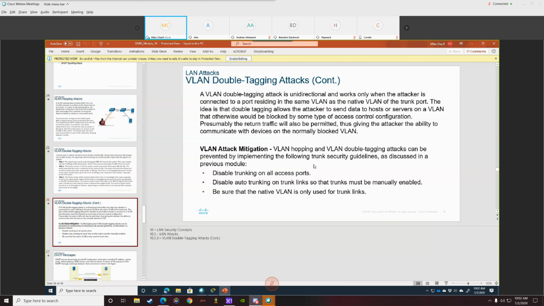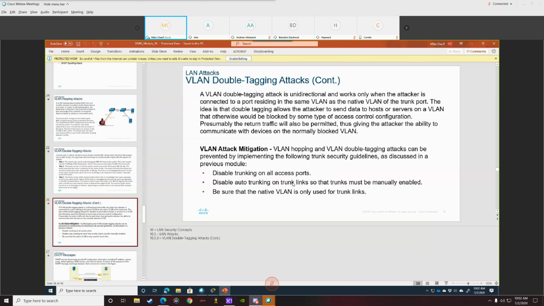Especially on the higher end switches, you have to turn off the protocol, DTP. One of its features is auto, so you need to disable that. Disable auto trunking on the trunk links so that trunks must be manually enabled.